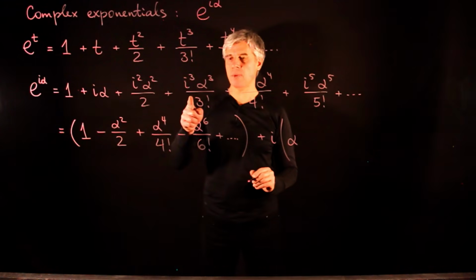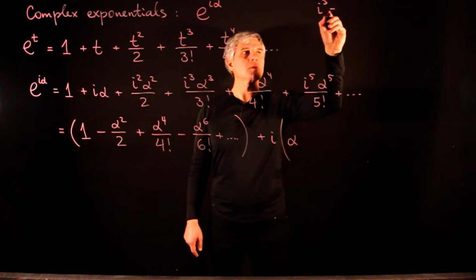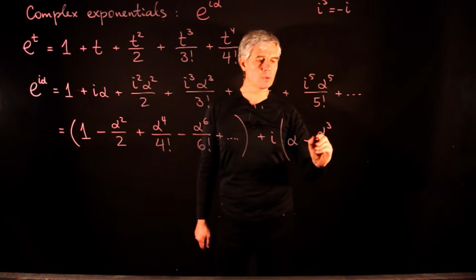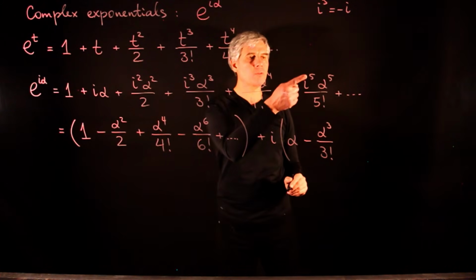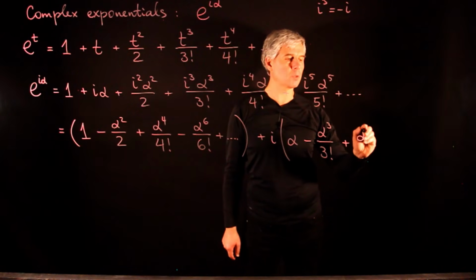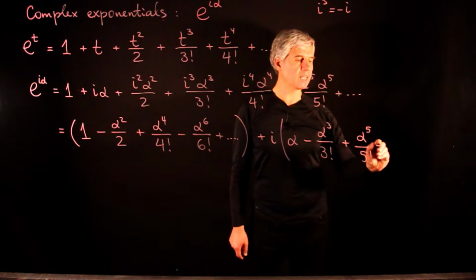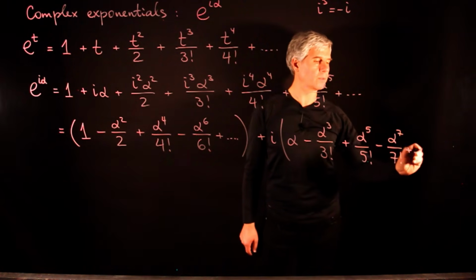The next imaginary term will be i cubed, which is equal to minus i, so we'll have minus alpha cubed over 3 factorial. Then with i to the power 5, this is equal to i, so we'll have plus alpha to the power 5 over 5 factorial minus alpha to the power 7 over 7 factorial, and so on.